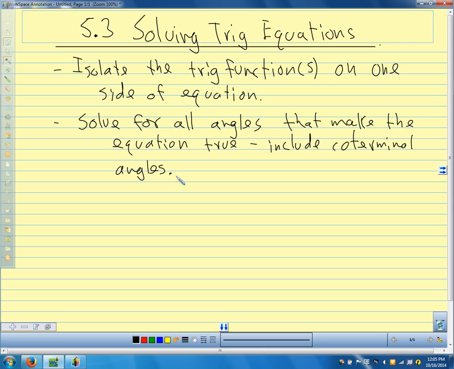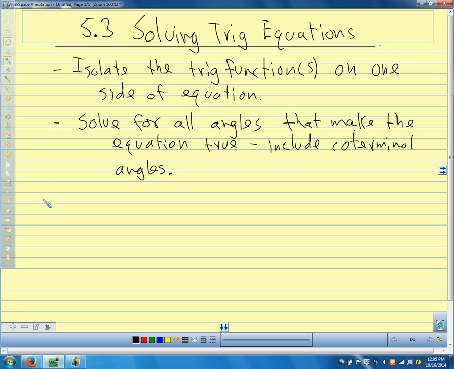Just like solving equations in algebra, there's not necessarily one technique that you use to solve every kind of equation. You solve linear equations differently than you solve quadratic equations. So we're going to go through those processes to solve these various kinds of equations. I just want to work through some examples.